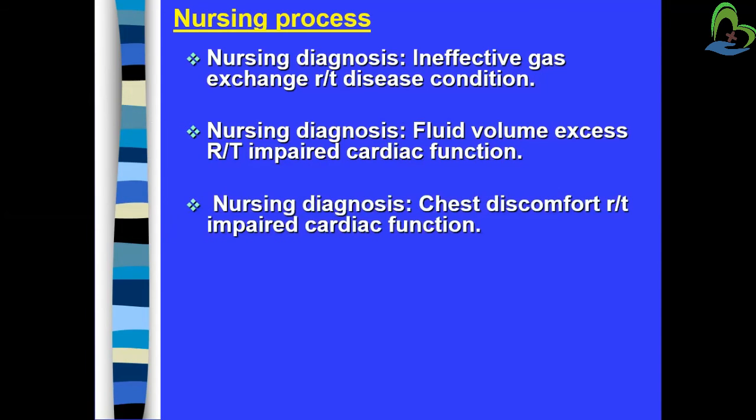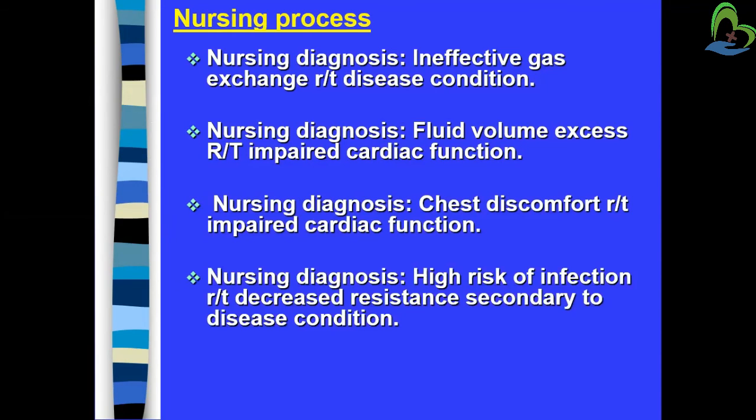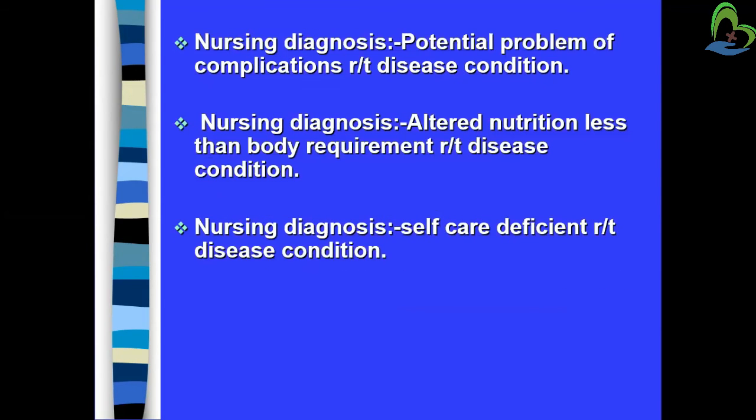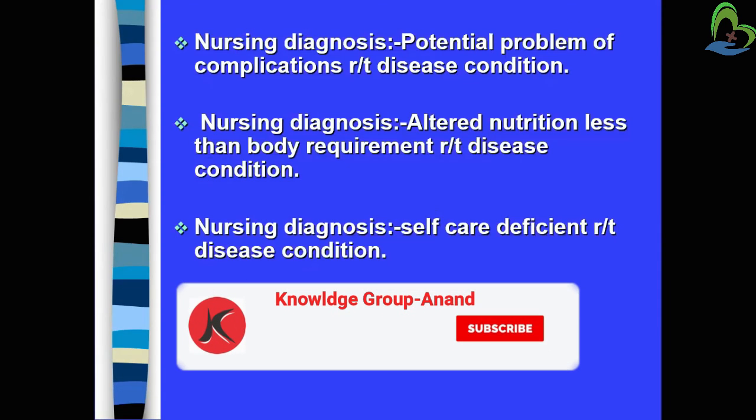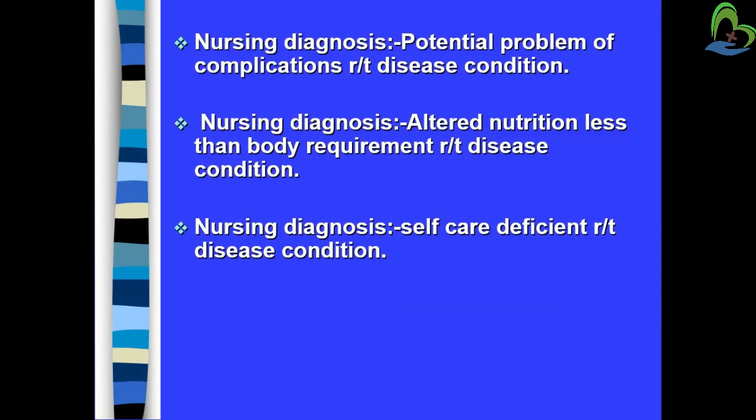Chest discomfort we have to check, related to impaired cardiac function. Then there is high risk of infection, as the patient has a secondary condition and the disease is very dangerous. Potential complications related to the disease condition, altered nutritional status, and self-care deficit.